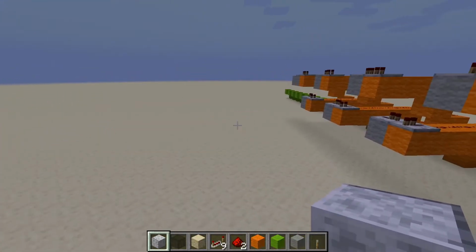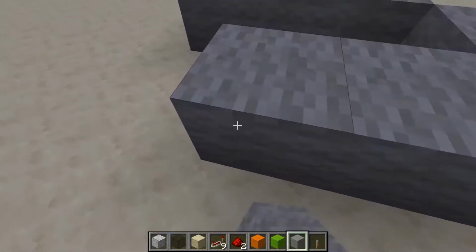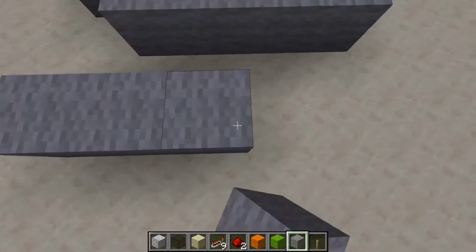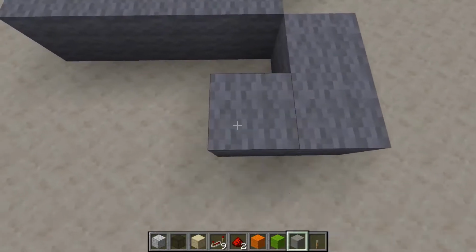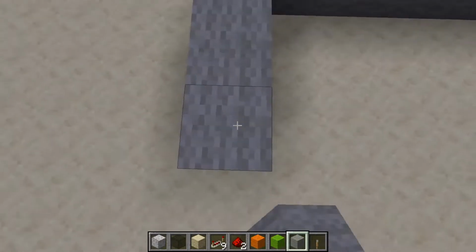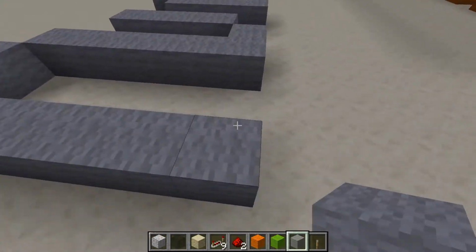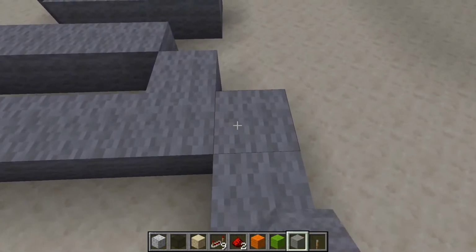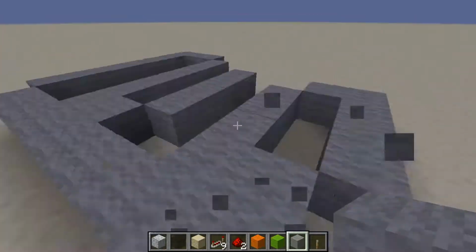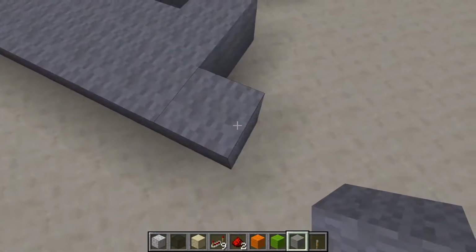You can build them apparently pretty large if you not only use this kind of setup, but if you use this kind of setup, and just move it down and feed it in here afterwards.